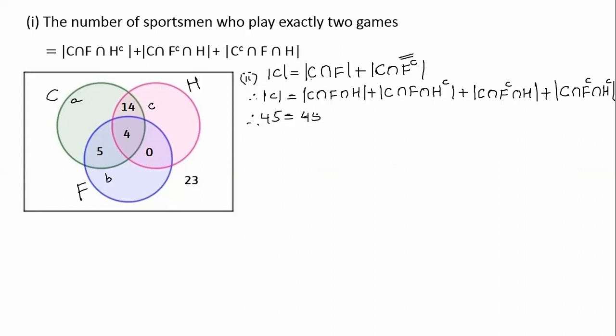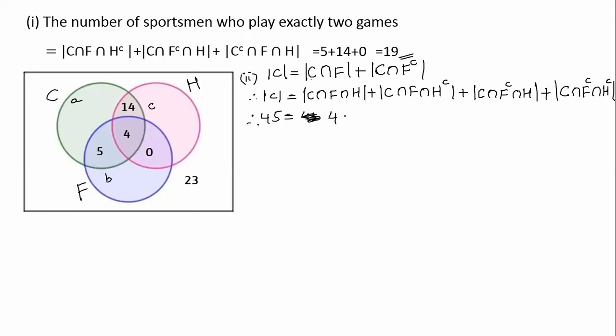The left hand side is 45. 45 is equal to C intersection F intersection H, which is nothing but 4, plus C intersection F intersection H complement, which is 5, plus C intersection F complement intersection H, which is equal to 14, and plus the cardinality of C intersection F complement intersection H complement, and thus we can get it.